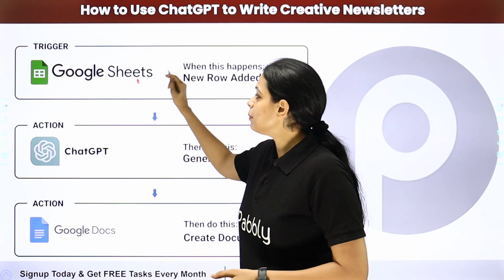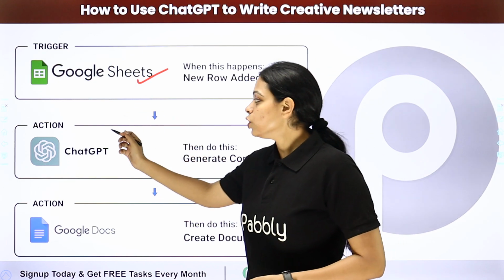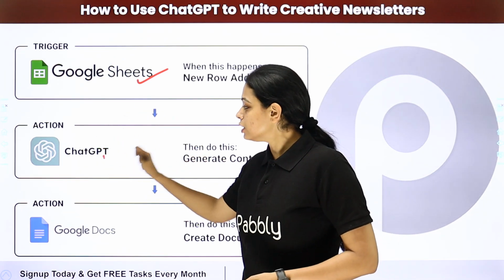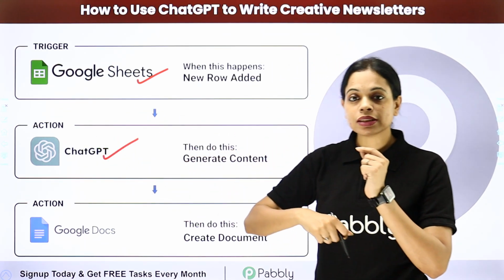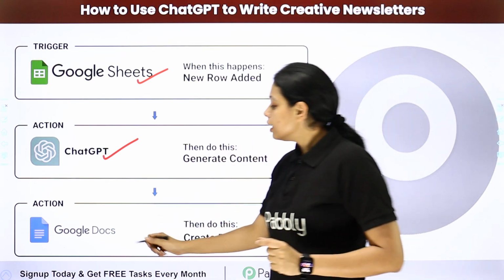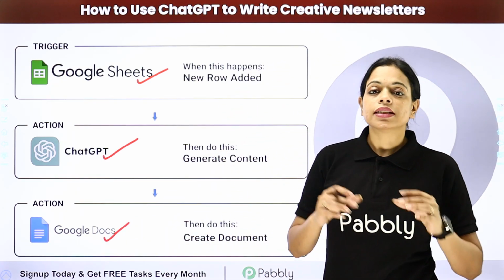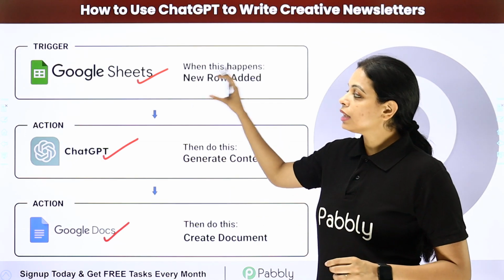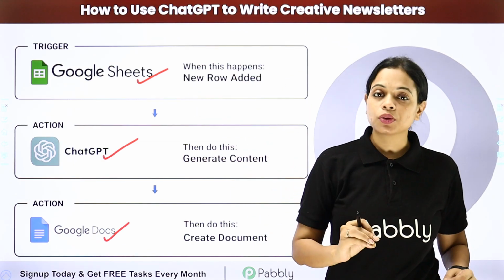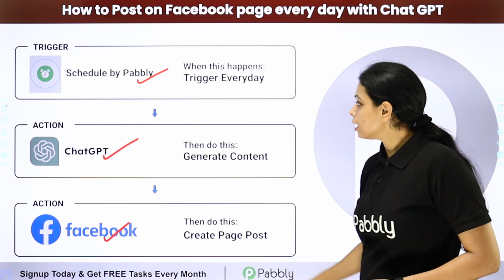So here your trigger application will be Google Sheets. Then your first action application will be ChatGPT, with which you are going to generate the newsletter. Then either you can create a document, or you can update the cell value of the same Google Sheet with the generated content.